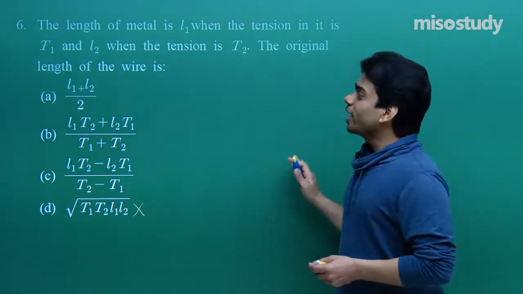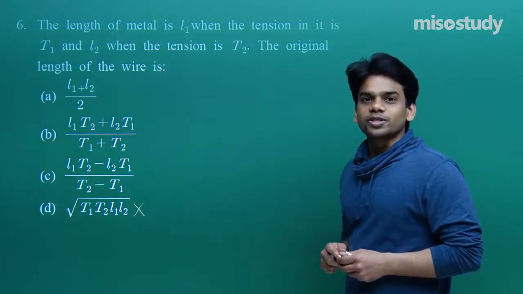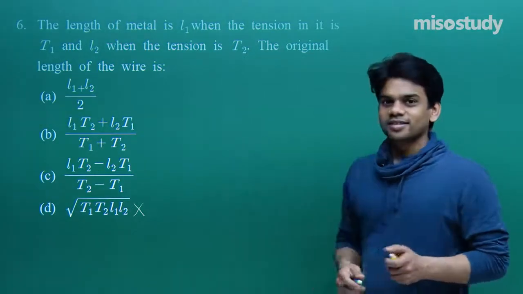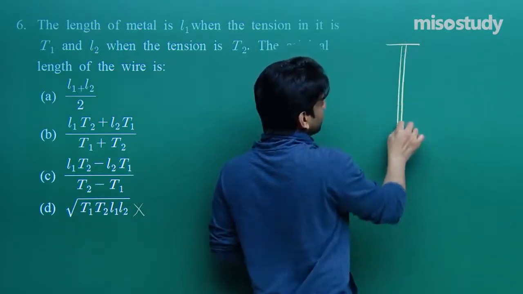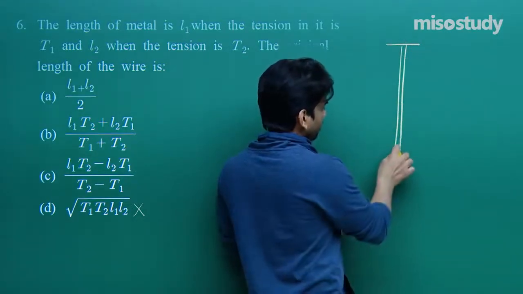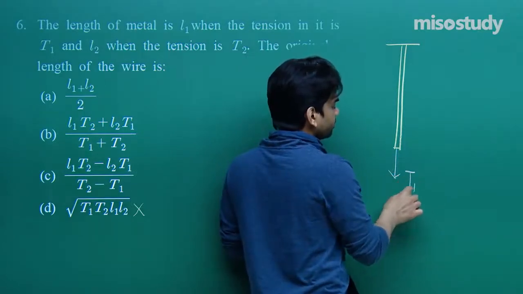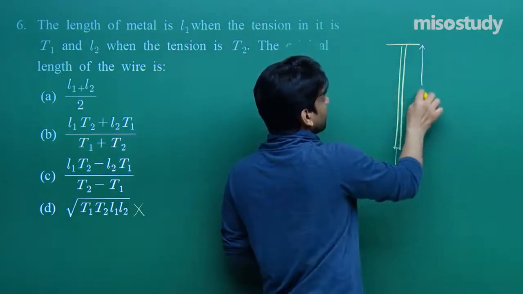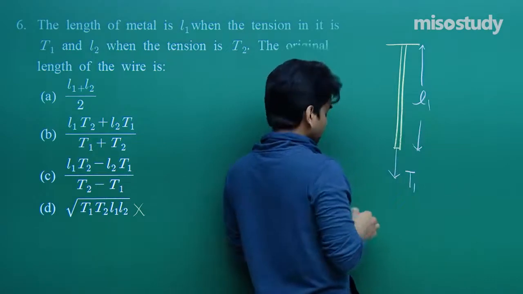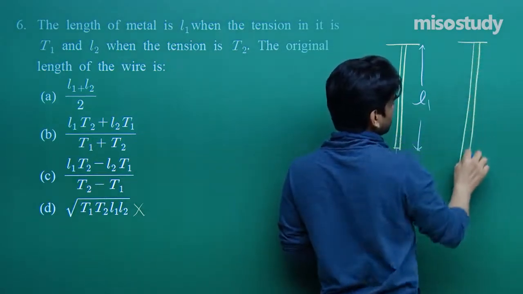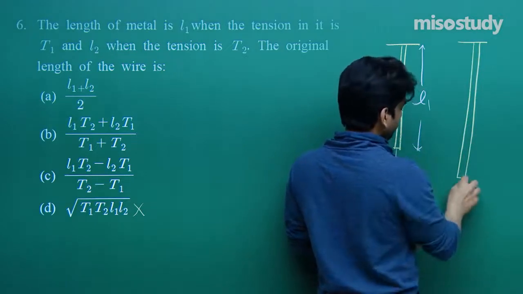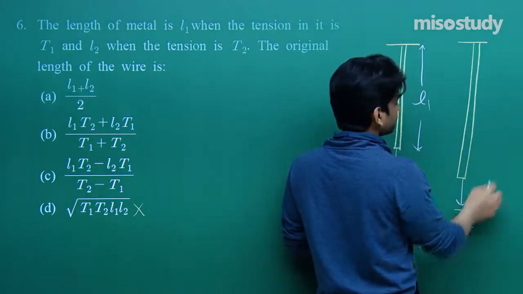Now let's go ahead with the formal solution of this question. In the first case, let's say this is the wire, when the load is T1, the total length is L1. Now in the second wire, we have the length L2 when the load is T2.